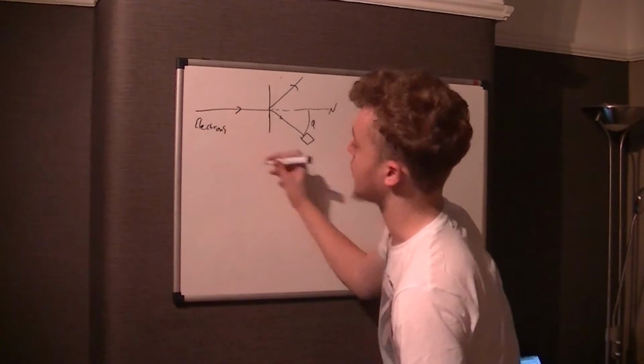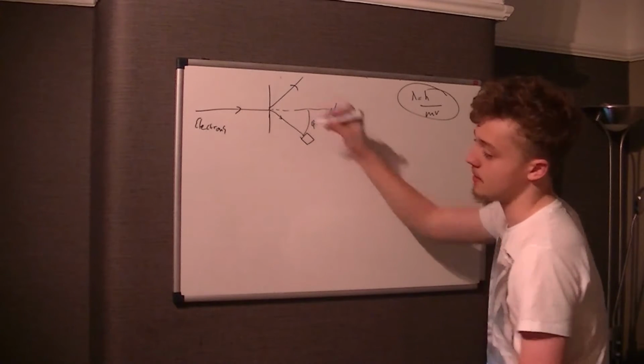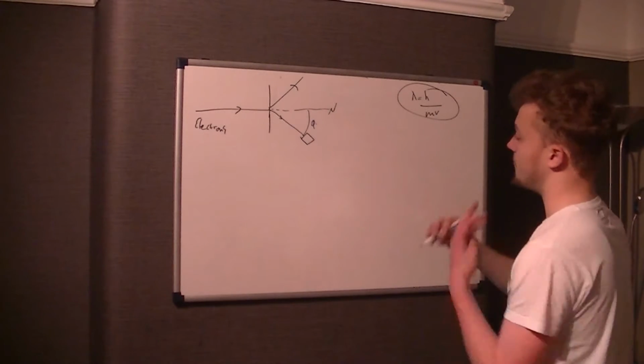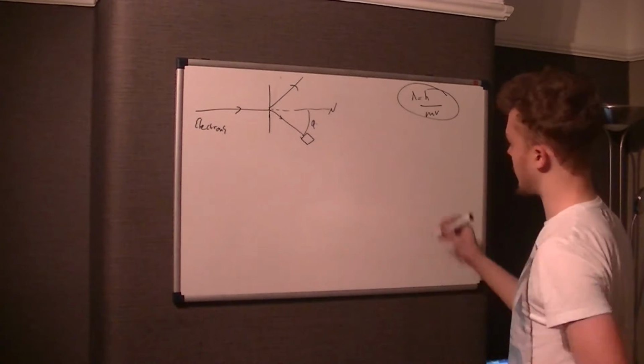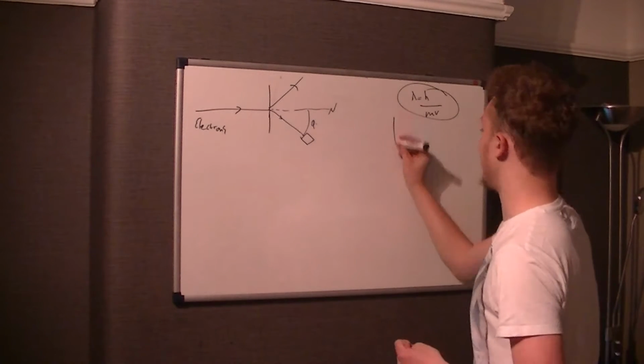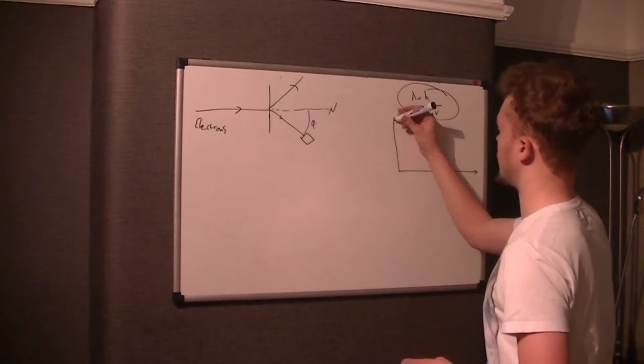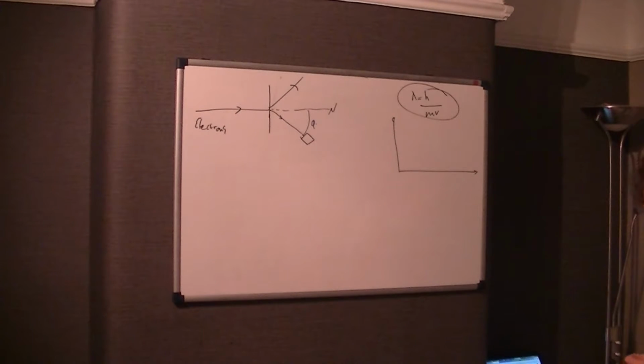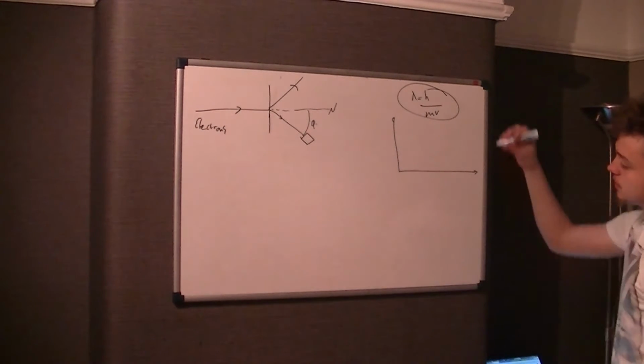Okay, and obviously because we're going to be using sine theta to work out the varying number of electrons that have been diffracted, we come up with this graph from the table of results and the detector reading.